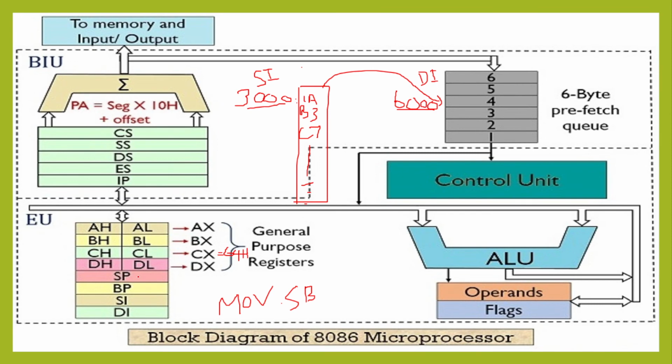Then we have the base pointer. Base pointer is also one of the 16-bit registers which will be used to hold the address in base addressing mode. This addressing mode we will discuss in further classes.